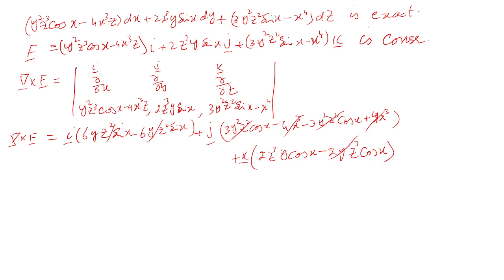They cancel, so overall we have 0. Curl of f is 0, that implies f is conservative.